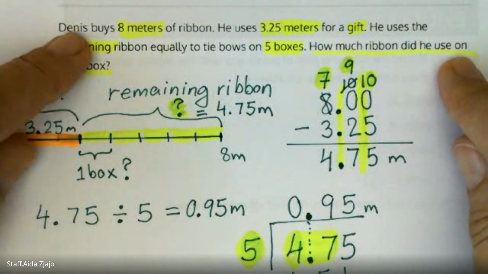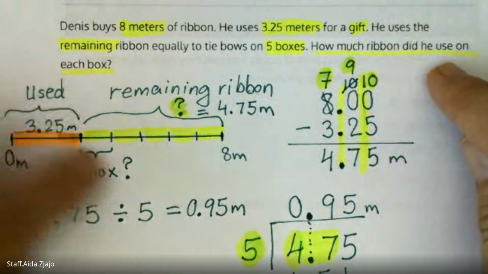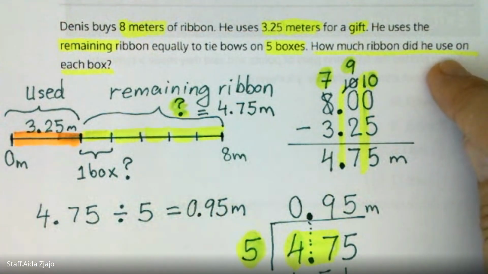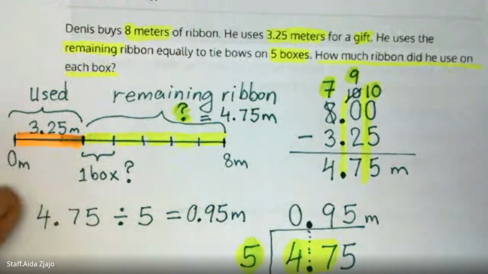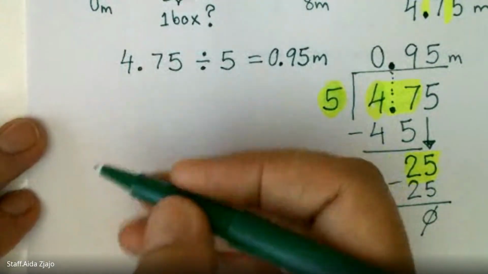We could say, Dennis used 0.95 meters, or 95 centimeters, for each box.